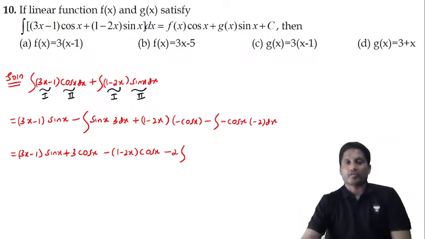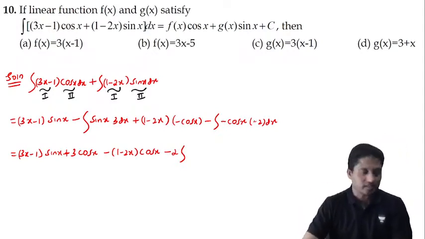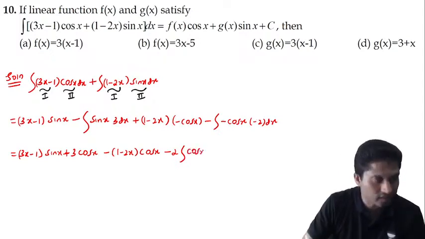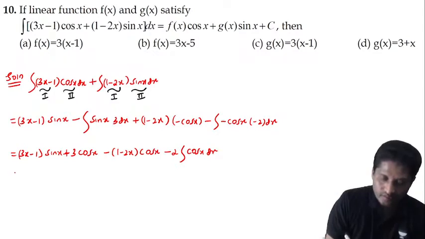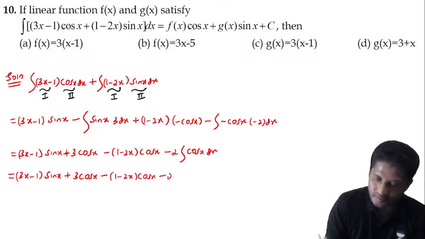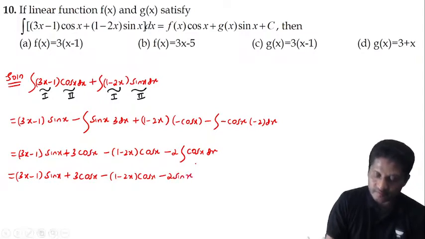Obviously there are 3 minus signs, minus, minus and minus, you get minus. 2 is a constant out. You get this as cos x dx. Now this is equal to 3x minus 1 into sin x plus 3 into cos x minus of 1 minus 2x into cos x minus the integration of cos, which is sine.